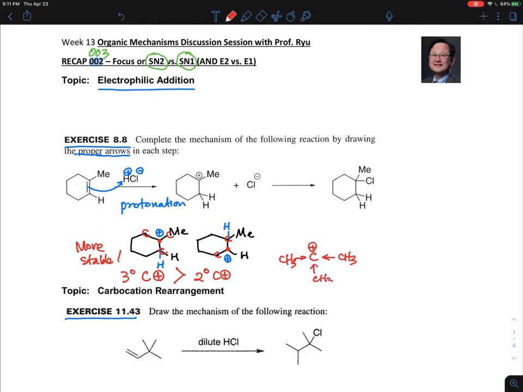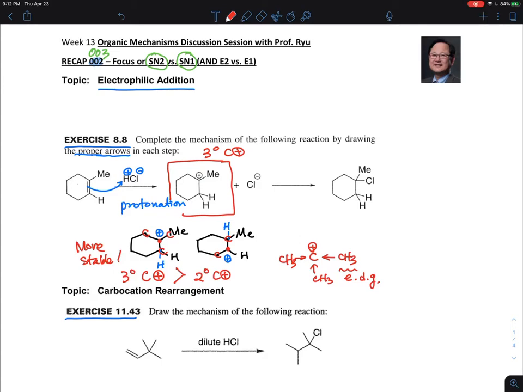So CH3 is an electron donating group, and therefore this is much more stabilized. The more carbon attachments you have, the more they stabilize the carbocation. So you choose this tertiary carbocation, and that's all you need to say here.